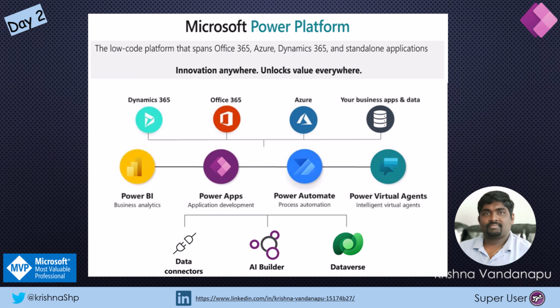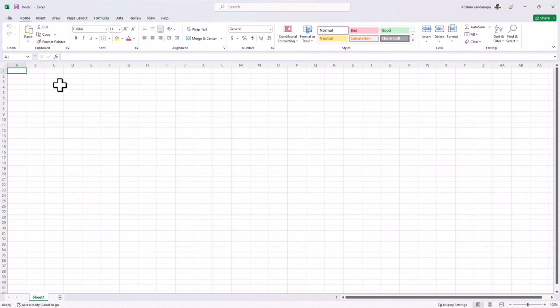In Excel we can write formulas. If I have number 15 and number 16 here, I can say this plus this, and it does the addition, right?